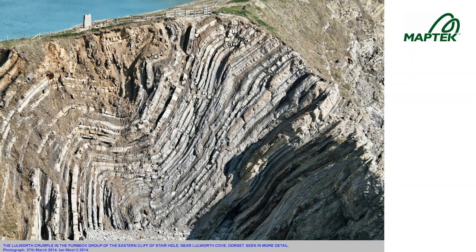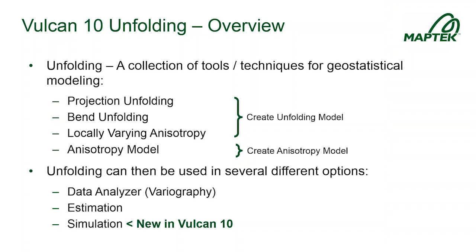So unfolding, right? It's a collection of tools and techniques. It's not just one thing. So we have our projection unfolding, bend unfolding, and locally varying anisotropy, and those really fit in your create unfolding model. Then we have the anisotropy model, which is your create anisotropy model.